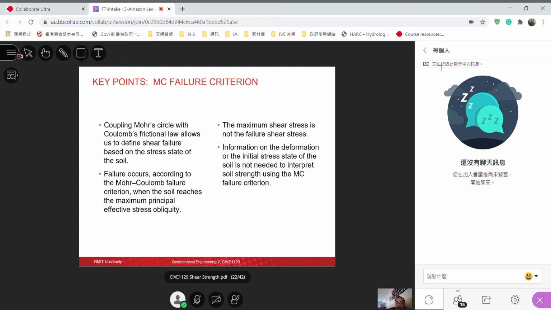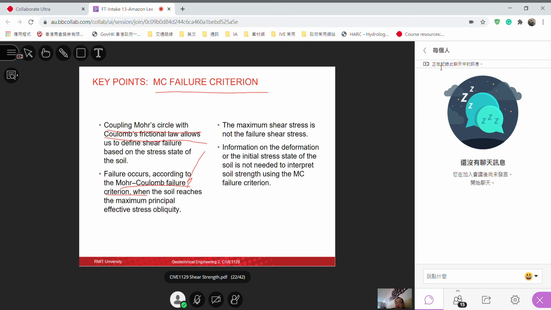Okay, so we summarize what we learned in the Mohr-Coulomb criteria. We are coupling the Mohr circle with the Coulomb frictional law to develop this Mohr-Coulomb criteria, and that's what we use.